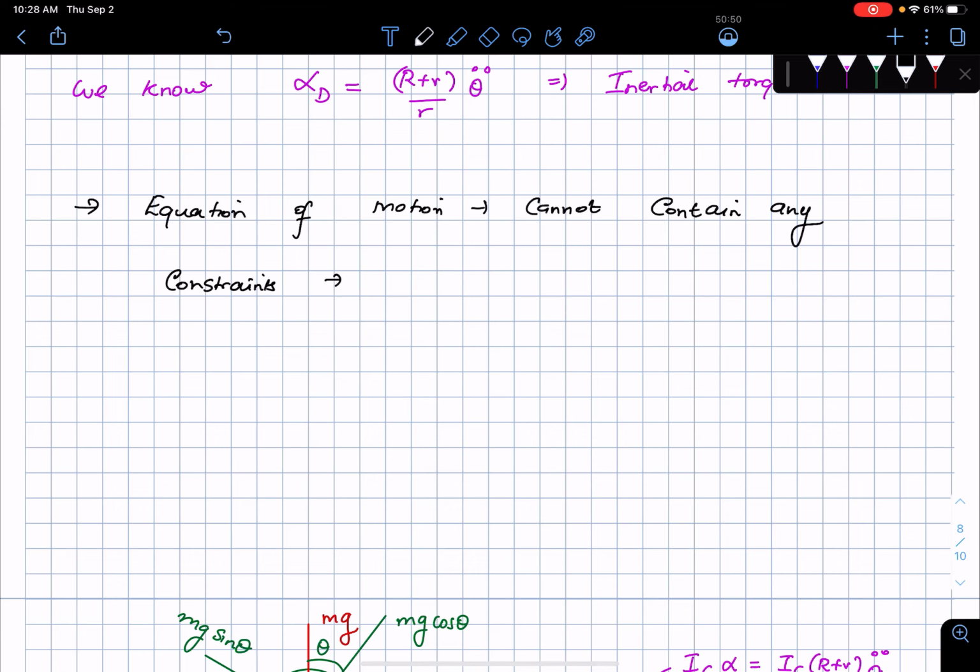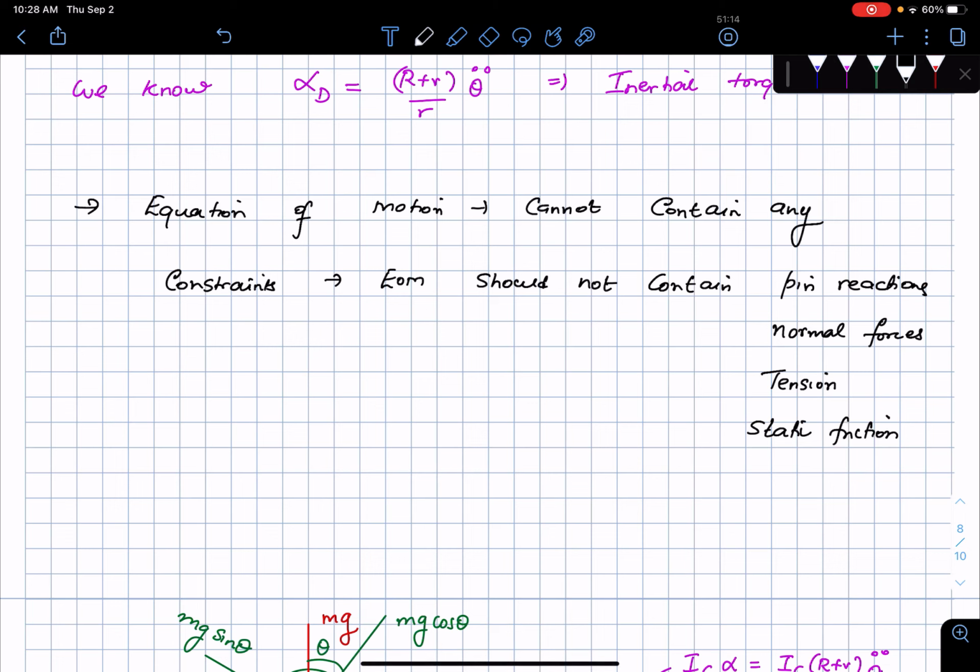Which means that the equation of motion should not contain pin reactions, normal force, tension. Okay, that's one thing. Then static friction. So these are things that it cannot contain.